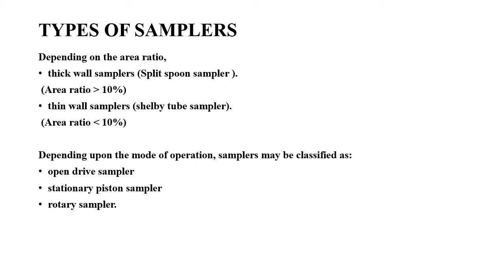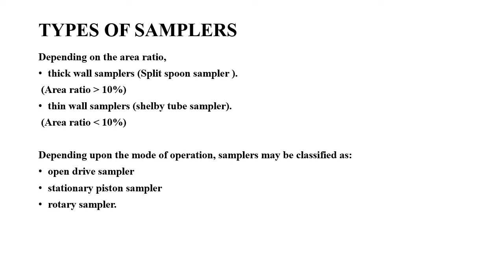Now, samplers can be classified based on two main criteria, either depending on their area ratio or depending upon the mode of operation. The area ratio is a very important factor which determines the degree of disturbance caused to your soil sample.